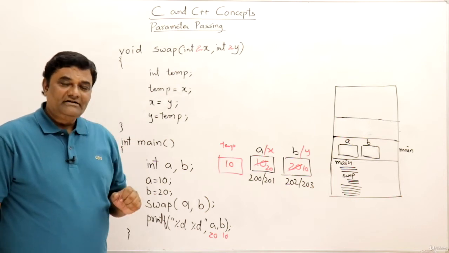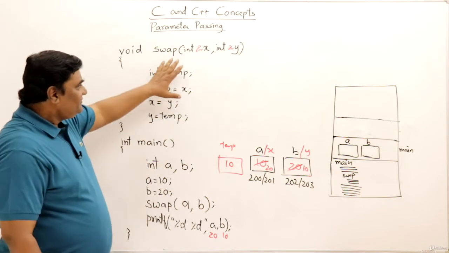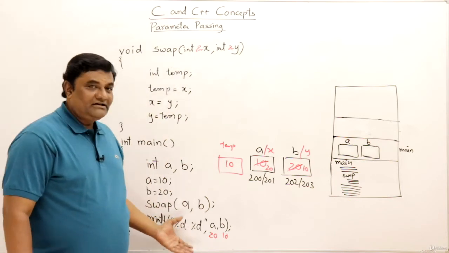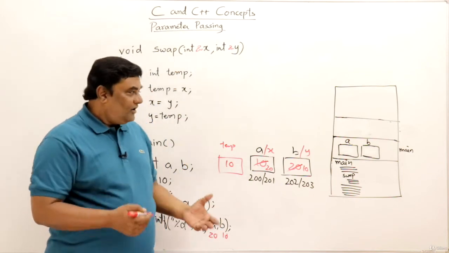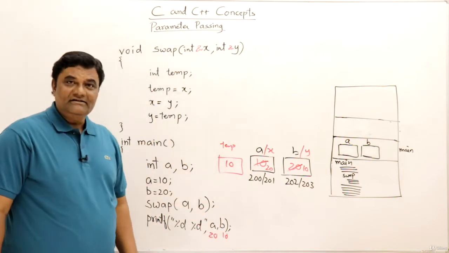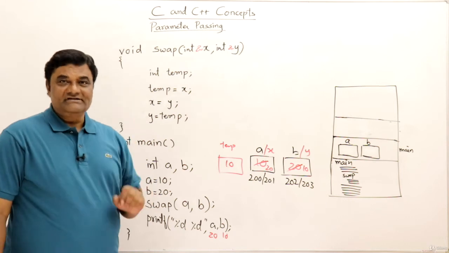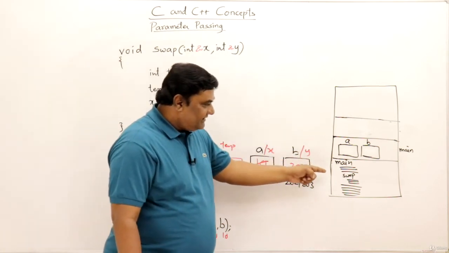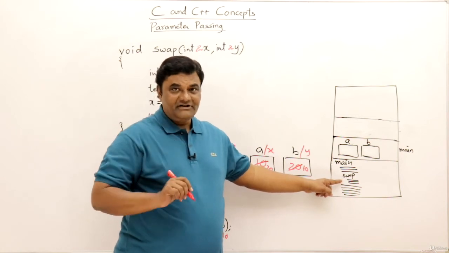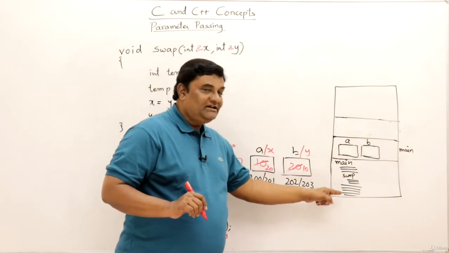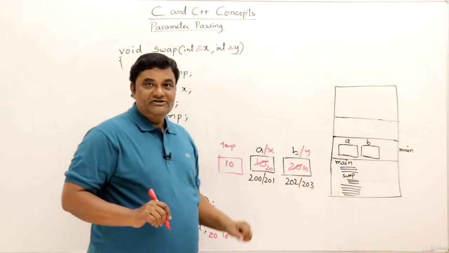Now, one important point. I said that one function cannot access the variables of another function directly. It can access indirectly. But how is it possible that it is accessing directly? The answer is, if you see inside the memory, swap is not a separate function. It has become a part of the main function and there is only one activation record.